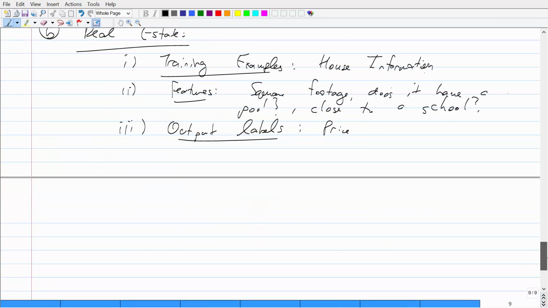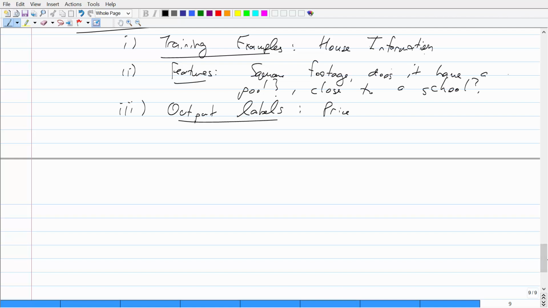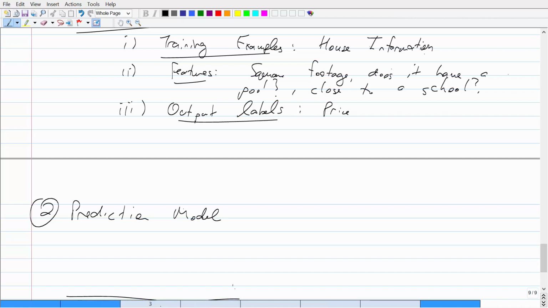All right, so once you have your training data, the objective next is to create a prediction model. The goal is to take a look at the training data and figure out the best prediction model that could be used to accurately predict or classify things.